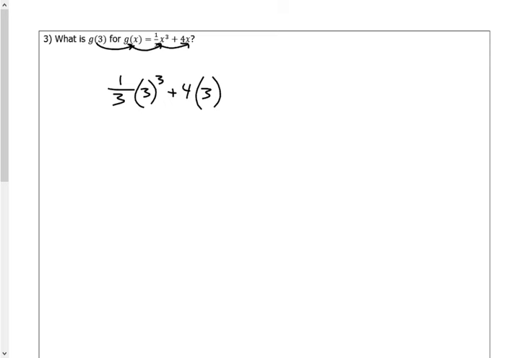Now, if you're not certain, make sure today you know how to put a fraction in your calculator. Alpha, y equals, enter. And that will get the 1/3, and you don't have to worry about doing that. And I get 21 as my answer.